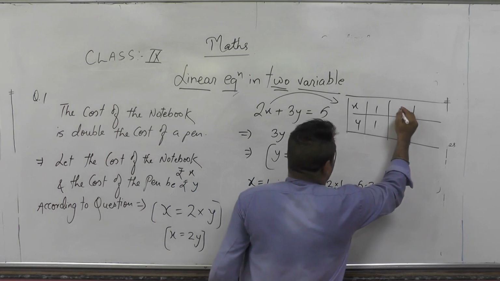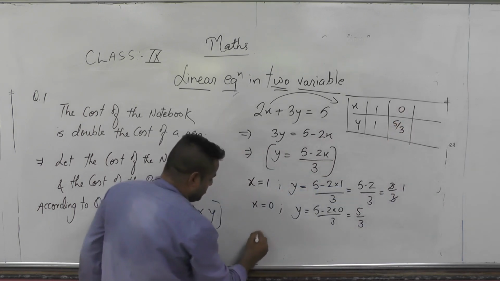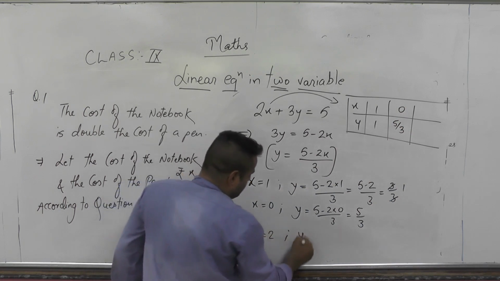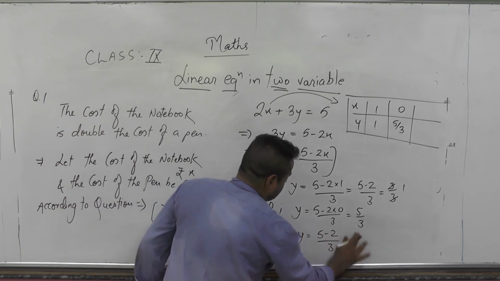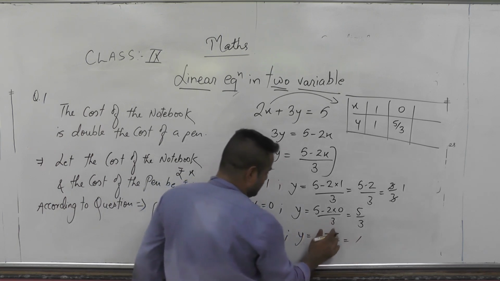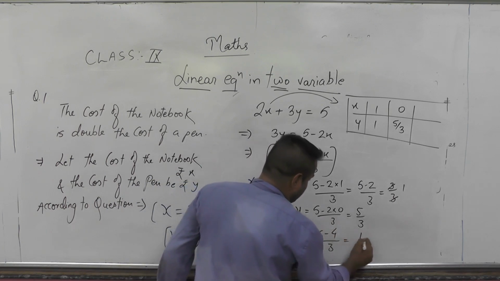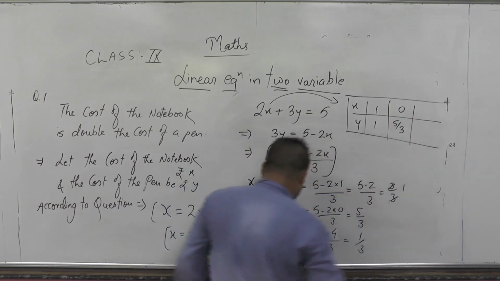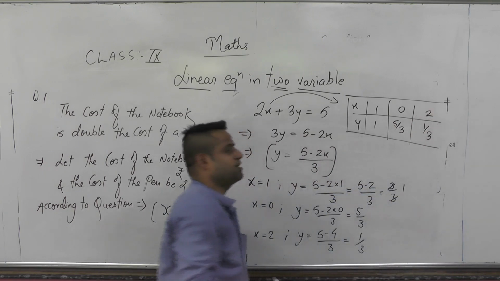So we kept 0 here, and we got 5 by 3. Now we are keeping 2 here. So y will be 5 minus 2 twos are 4, that will be 1 by 3. So in the place of x we kept 2, and the value we got is 1 by 3.